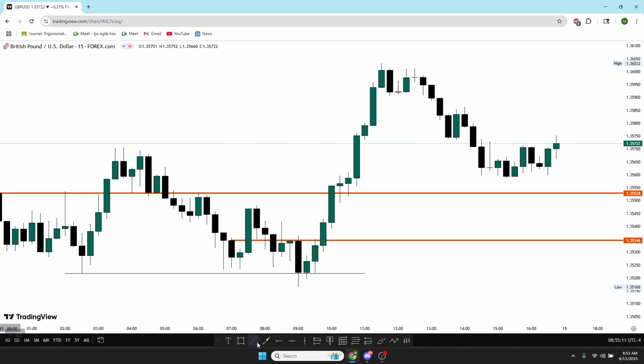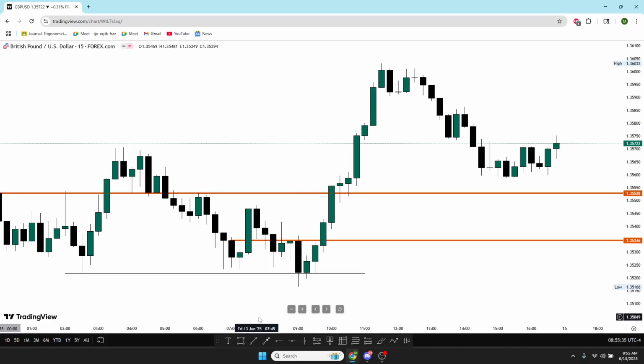So if we're going to reverse, I'm obviously expecting price to run back up into this old high. Not saying it's going to fully clear it, but that's what I'm looking for price to do because it's 9 a.m. New York session. We ran liquidity. Now I'm looking for price to change direction and go the other way.